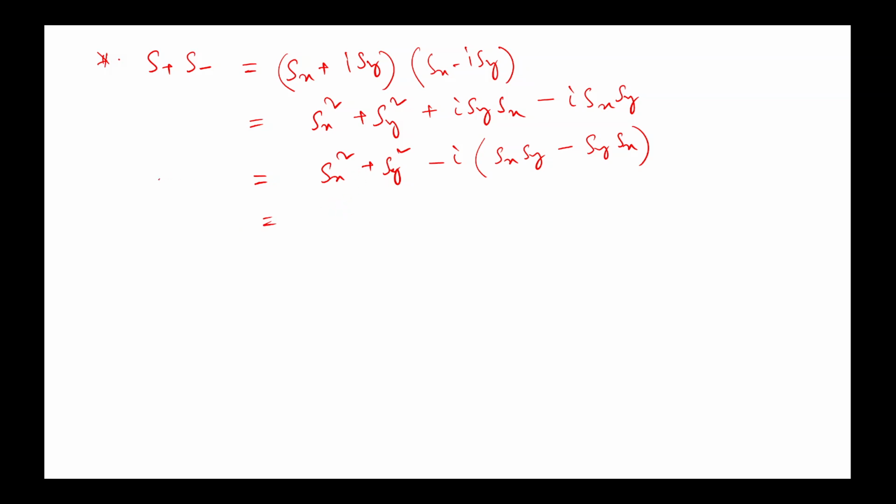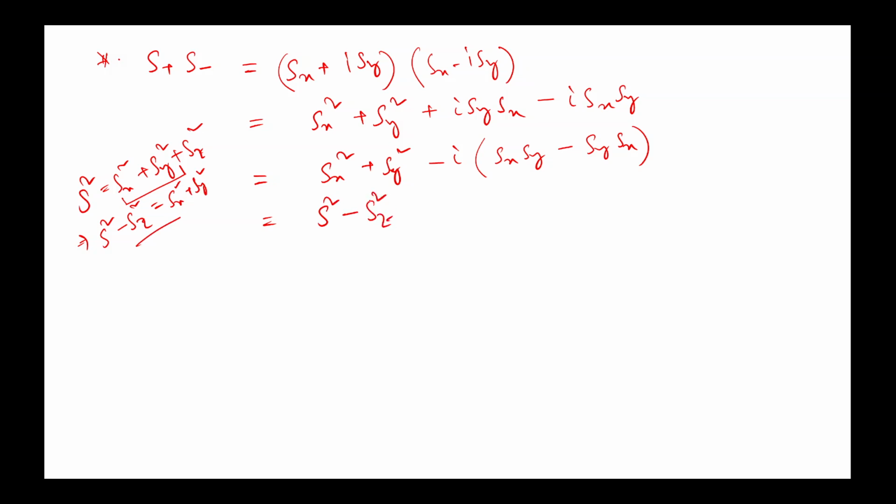So this Sx square plus Sy square you can write. You know that S square is Sx square plus Sy square plus Sz square. So this Sx square plus Sy square can be written as S square minus Sz square. So here I am writing S square minus Sz square.